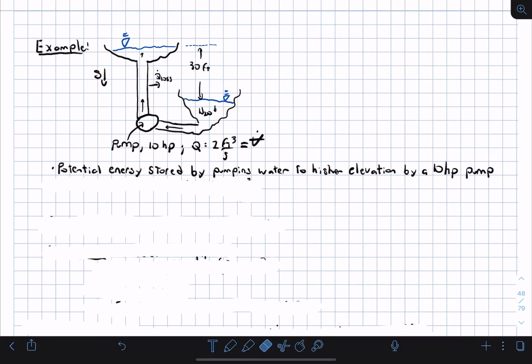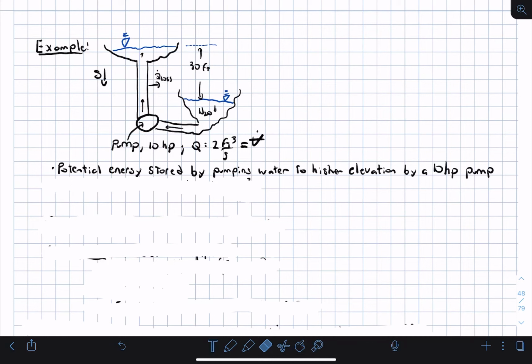This configuration is actually sometimes used, where you're storing potential energy by pumping water to a higher elevation with a 10 horsepower pump, and then when you need lots of power, like maybe in the middle of the day, you will drain it downstairs and operate a turbine rather than a pump to help generate power.